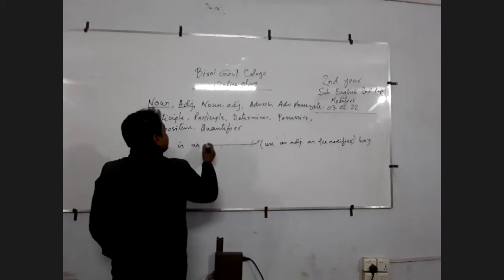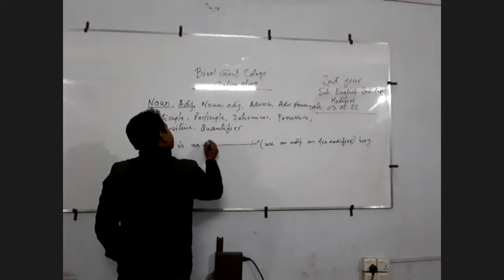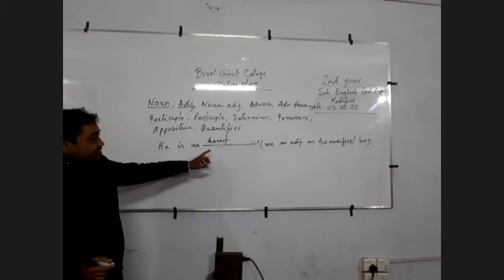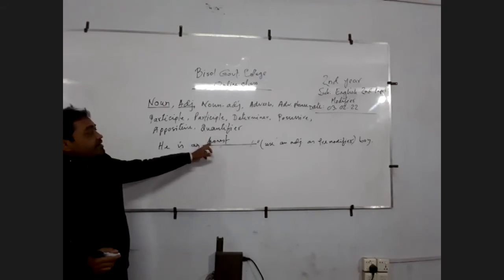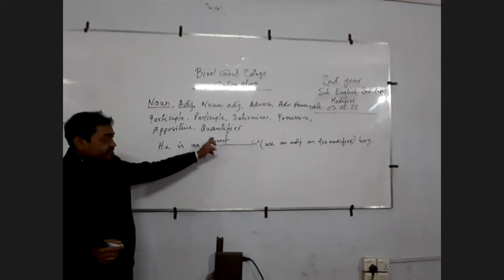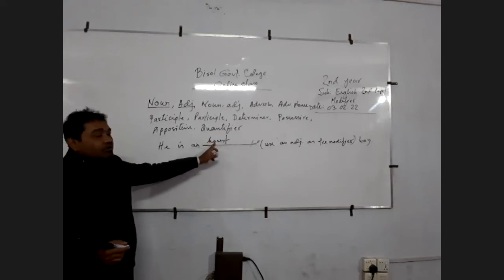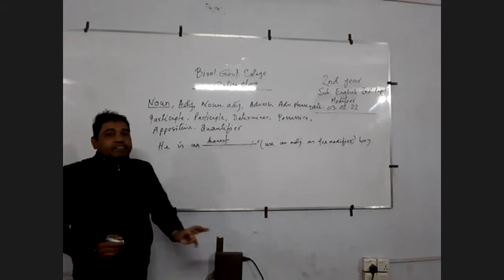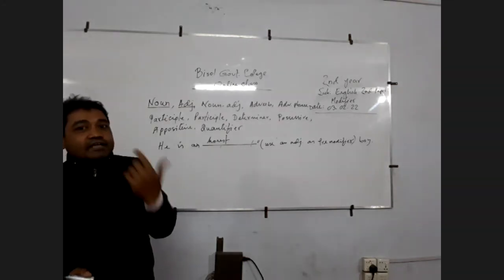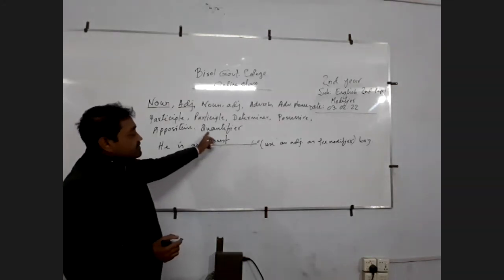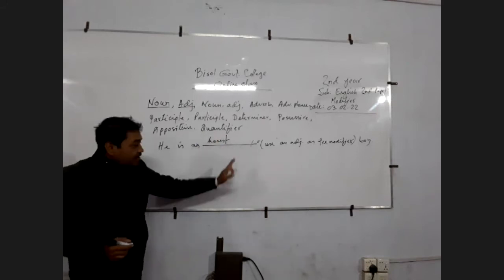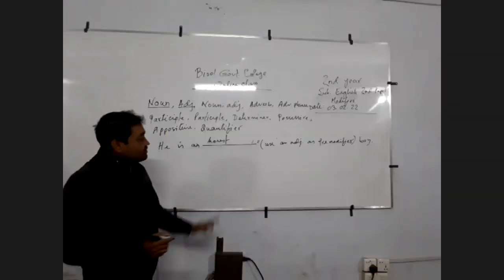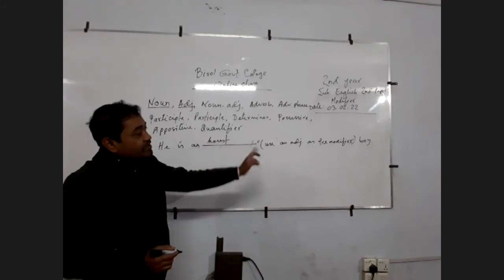So he is an, you can write here honest. Notice that though the word honest starts with h, the sound is from o. I have said that the adjective must start with a vowel or vowel sound. It is not a vowel, it is a consonant, but we have found the sound o here. So you can write: He is an honest boy.